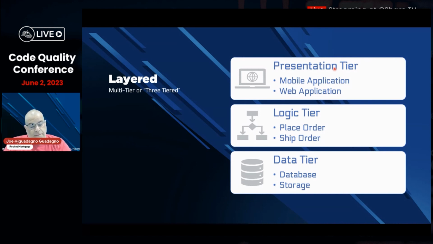Some of the advantages of this pattern are separation of concerns. You can minimize dependencies across the board. You can make development a lot easier in your world. It's testable, it's reusable.